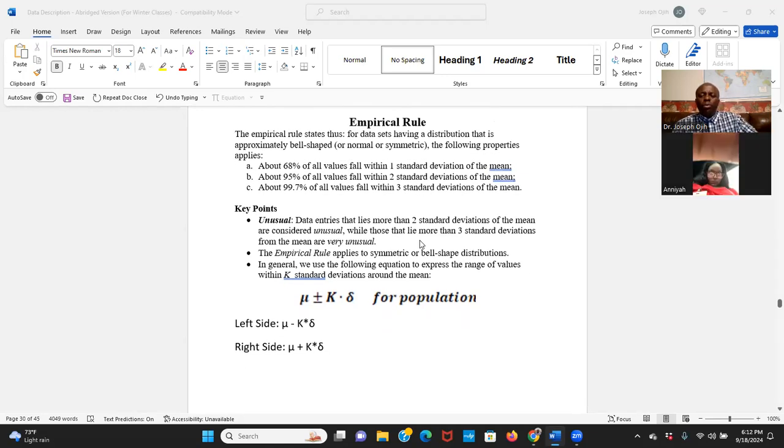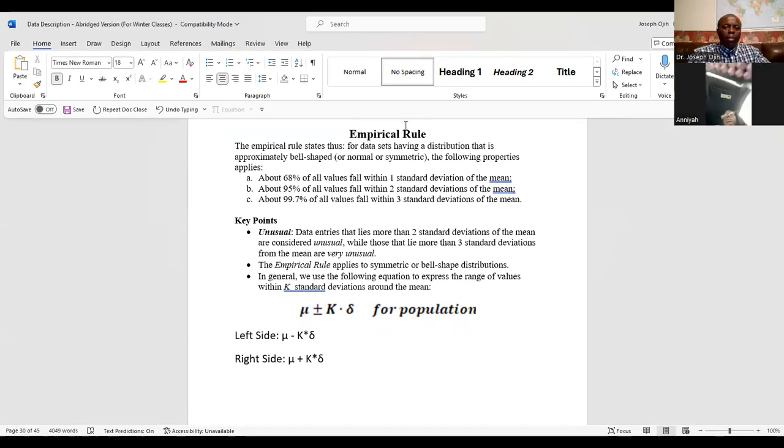According to the empirical rule, for a data set having a distribution that is approximately normal, the following properties hold. Let me make it a little bigger.